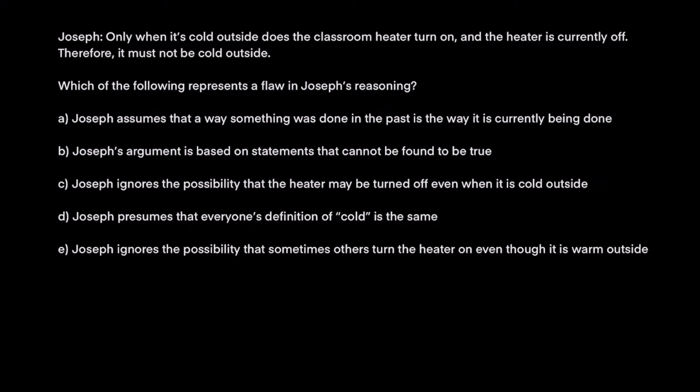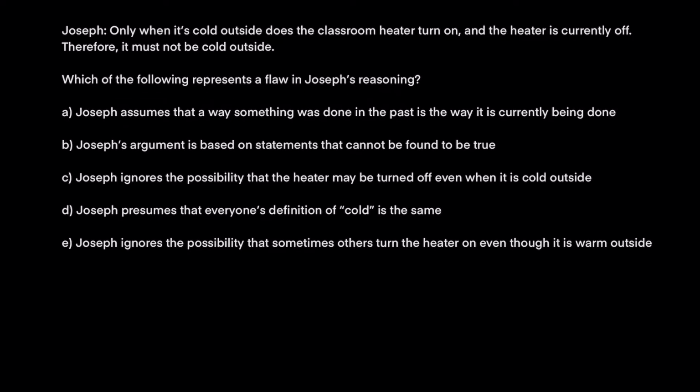But this doesn't say that it is sufficient that when it's cold outside, the classroom heater will turn on, right? So, if we think about this in our diagram, we have the times when it's cold outside. And we know that the classroom heater only turns on when it's cold outside. But that doesn't mean that every time it's cold outside, the classroom heater is going to turn on, right?